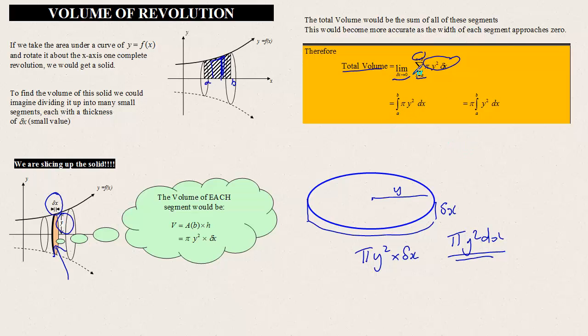Now, in the limit, as delta x tends to 0, the sum becomes an integral. So we get the integral from a to b of pi y squared dx. Pi is a constant, so we can slide it outside. So we normally do pi times the integral from a to b of y squared dx.